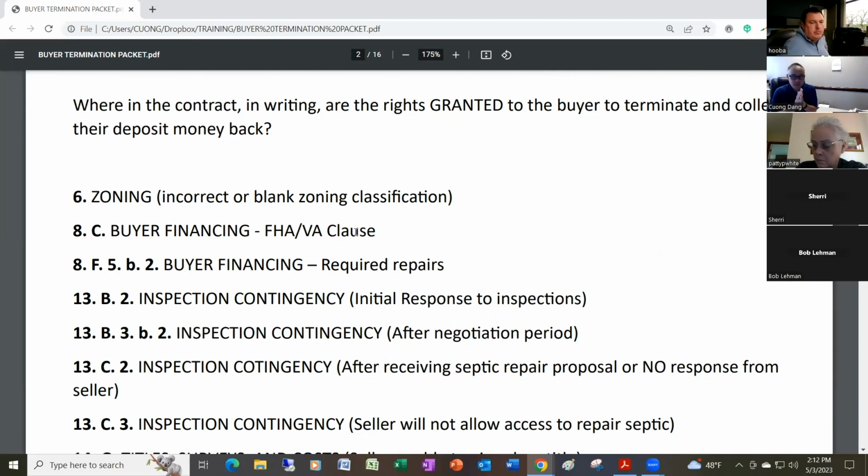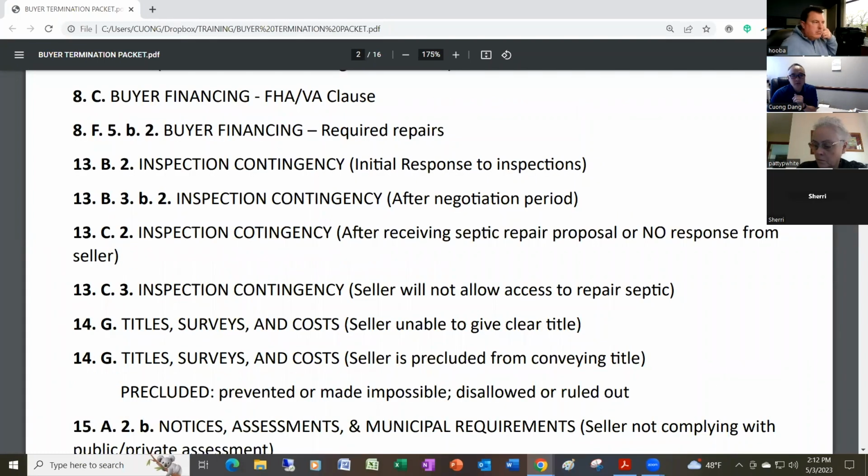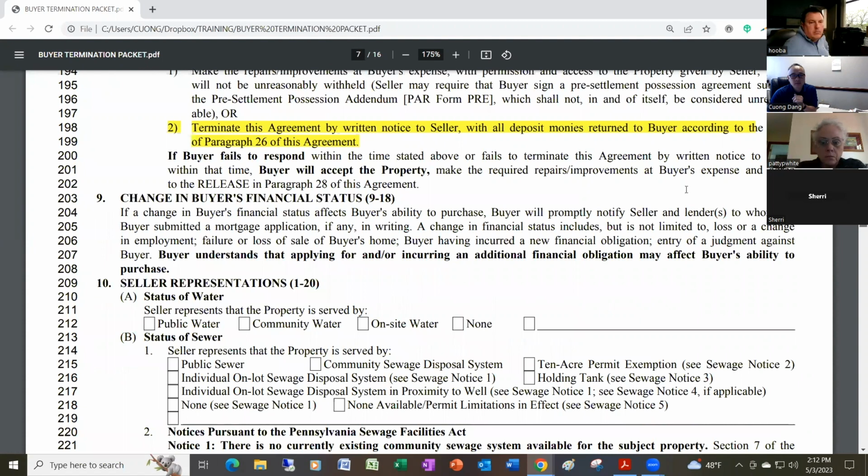8F5, lowercase b2, again, under buyer financing, required repairs. Okay, let's pop down to that area. So it's 8F5, F5B2.